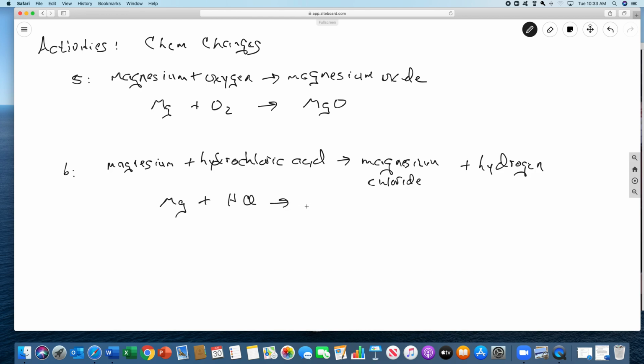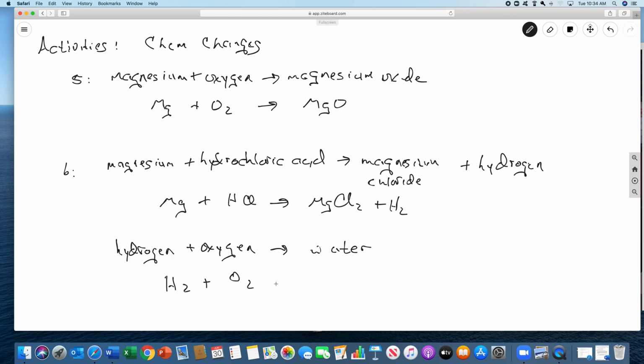That's why I'm doing this. Okay, so there's the unbalanced equation, and then the test for hydrogen is you take that burning splint, and if it pops, that means that there's hydrogen present. And that makes water. The formulas are H2 plus O2 makes H2O. Okay, so that's 5 and 6.